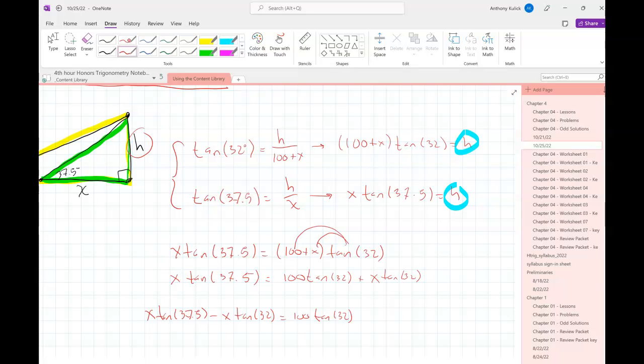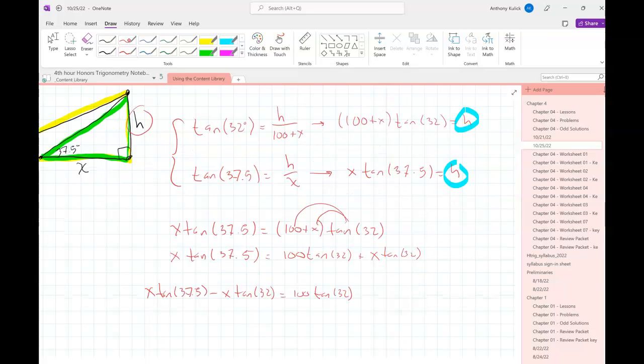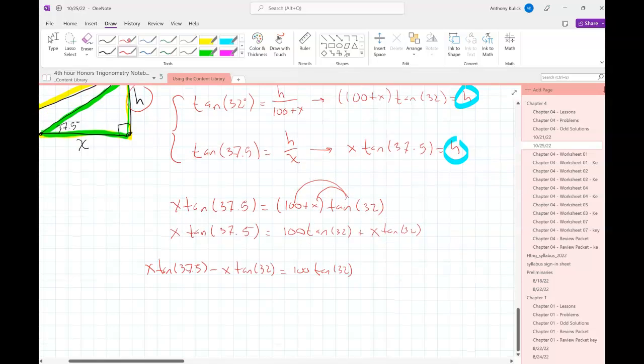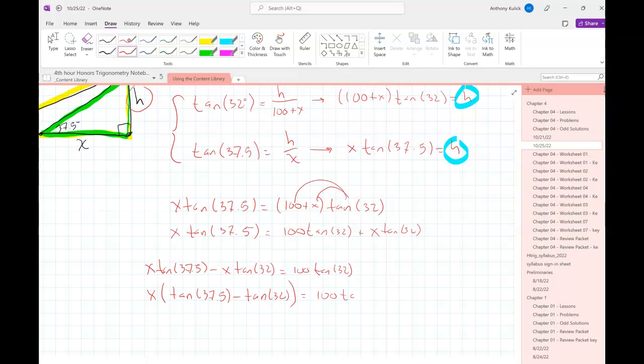Notice on the left-hand side, each of those has a greatest common factor of x. So I can factor the x off. This is now turned into a multiplication problem, right? So I can divide both sides by tan 37.5 minus tan 32.